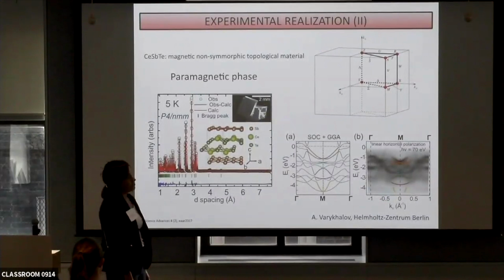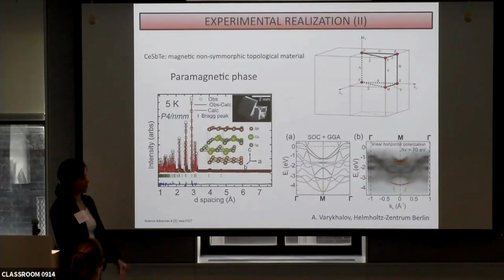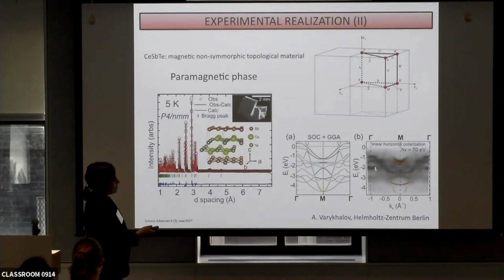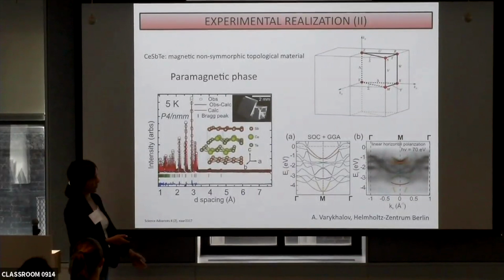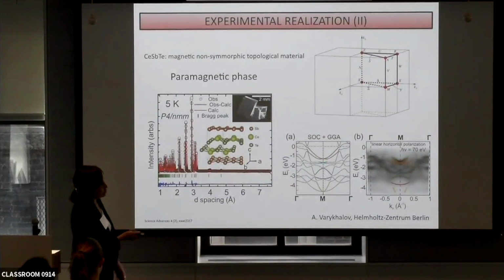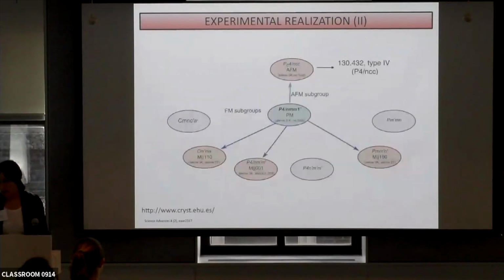So the first thing we did was to calculate the band structure with DFT, with different pseudopotentials and different ways of adding the f electron to the material, and compare it with ARPES data. And we see that when we add the f electrons to the core of the pseudopotential, we remove them from the valence band, and we find a very nice agreement between experiments and ARPES. This is because it's a Kondo-like magnetic material.